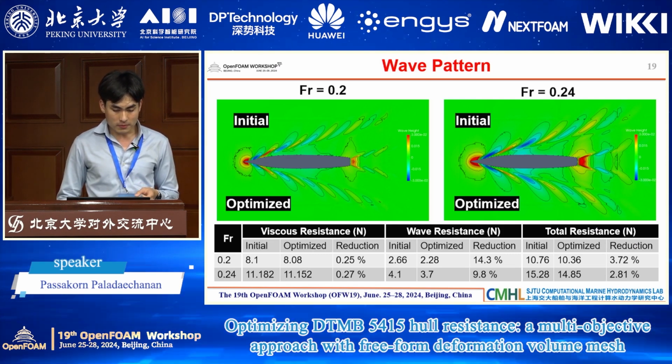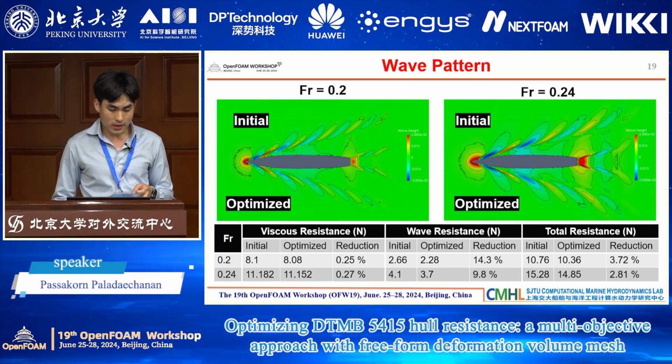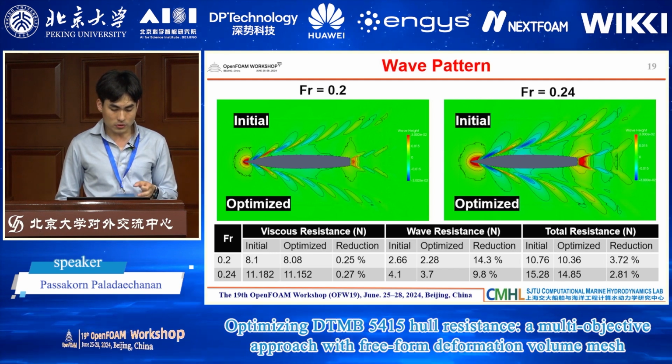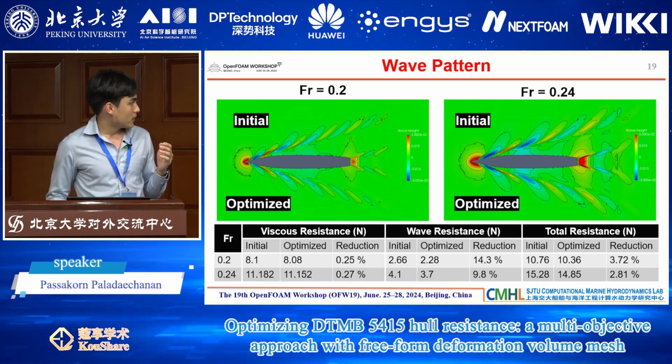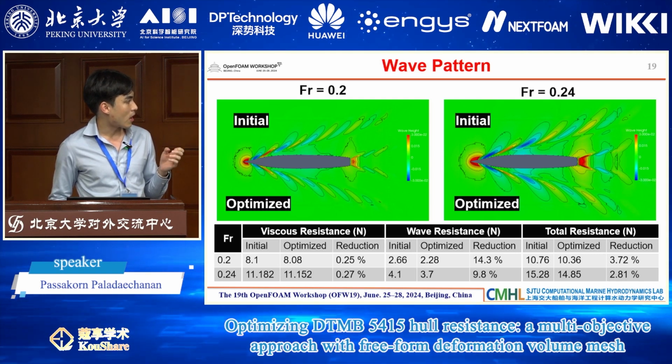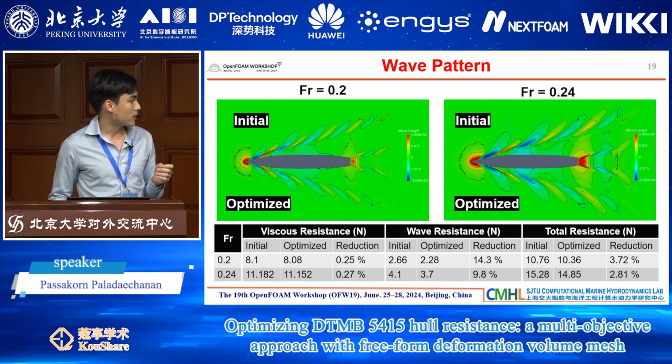About the wave pattern, we can see that the transverse wave pattern is also less for the optimized result than the initial hull form for both Froude numbers.